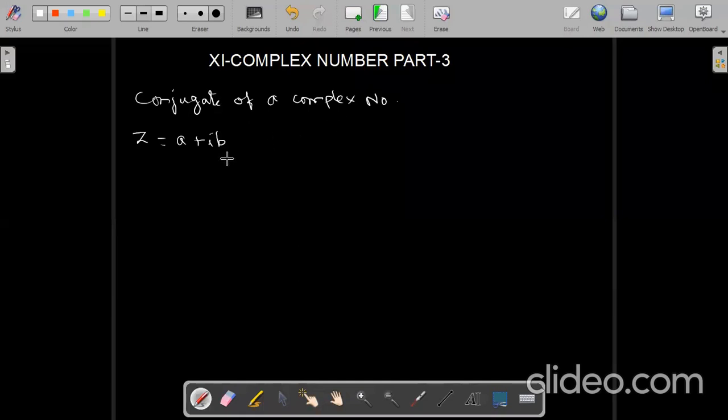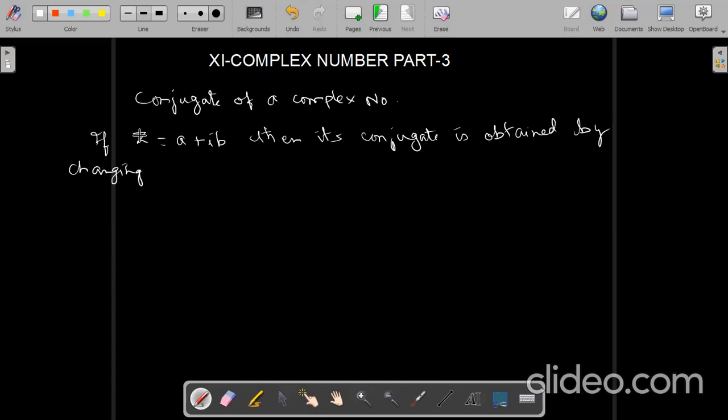Yes. So the conjugate of a complex number: if z is a complex number a plus iota b, then its conjugate is obtained by changing the sign of the imaginary part, only the imaginary part.